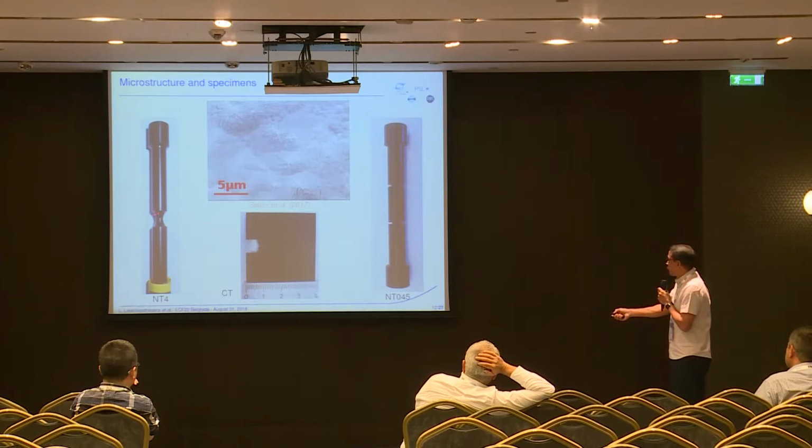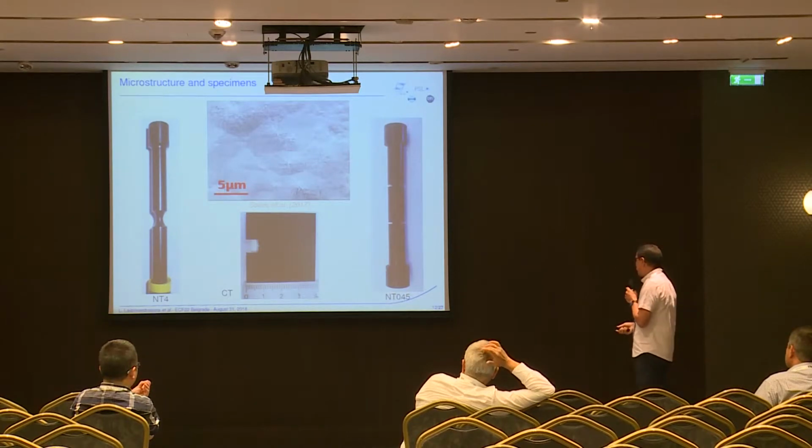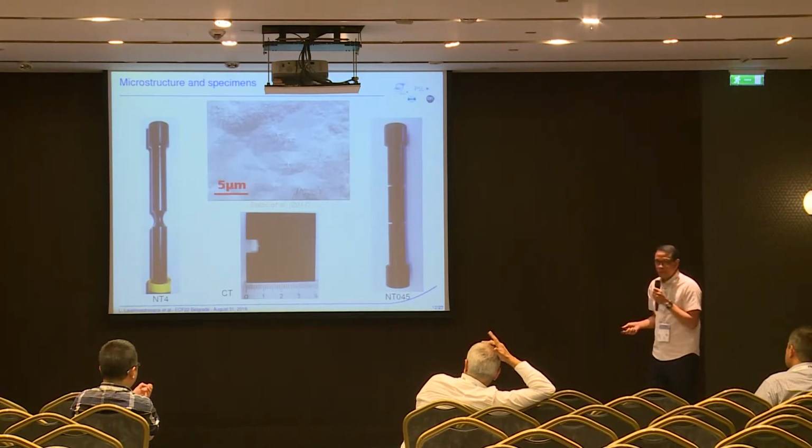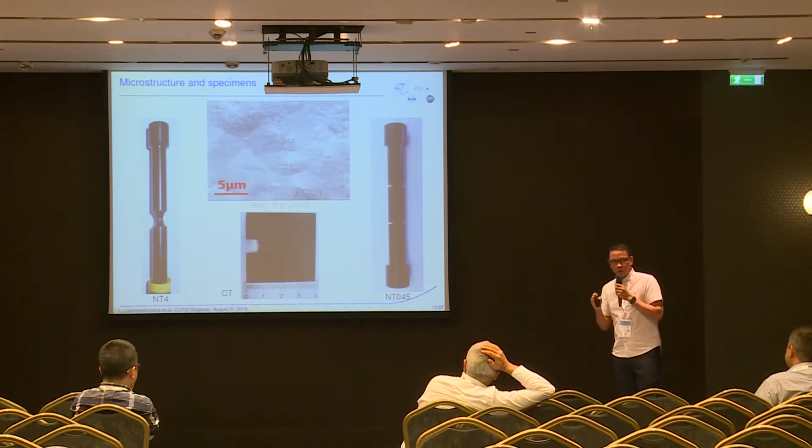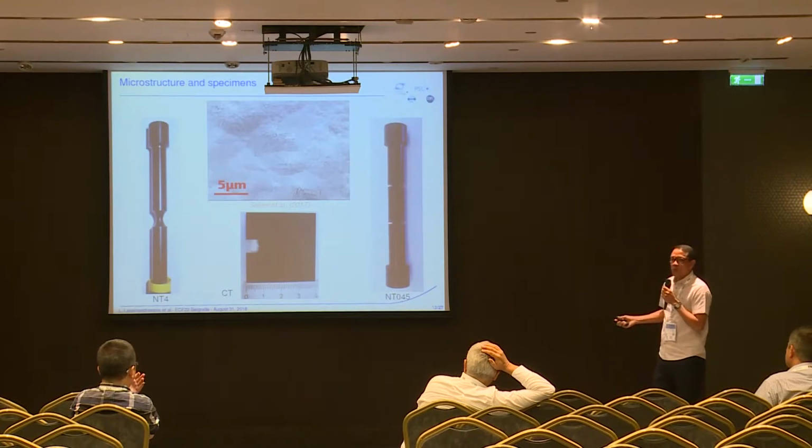Then we reduced the notch radius here to 0.45 millimeter, in order to see for which radius the Bridgman theory is transformed into fracture mechanics theory of the stress field. And then we have also done a test on a CT specimen.